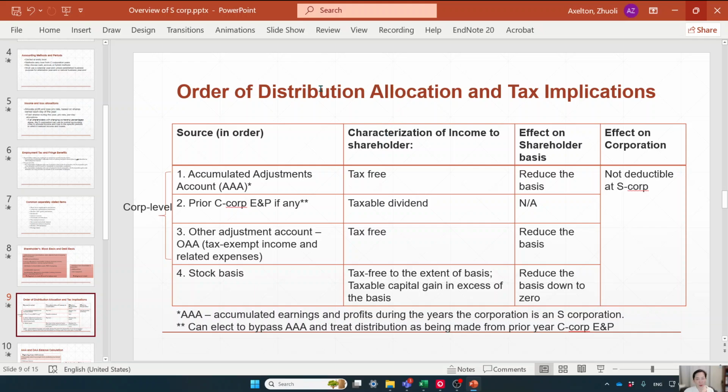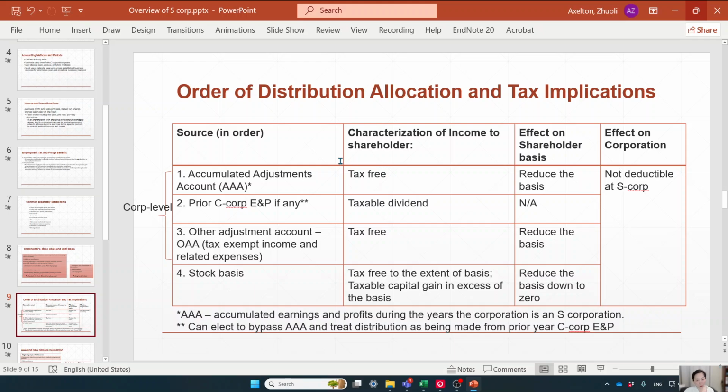Finally, we get to the core of the S Corp. A really big topic for this chapter is the characterization of the distribution allocation from the S Corp.